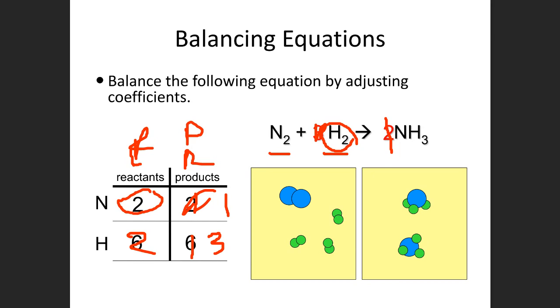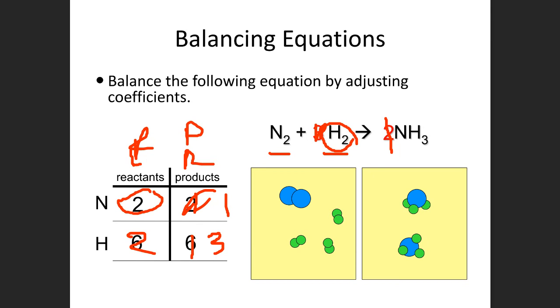Let's change color now. Okay. So it seems that we have 2 nitrogen, but here is 1 nitrogen. We have here 2 hydrogen, here is 3 hydrogen. Here I want to share something with you, the trick. When you see an even and odd number, try to switch your even and odd number. That will help you to balance.